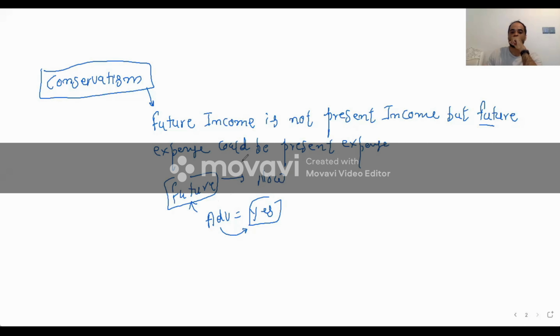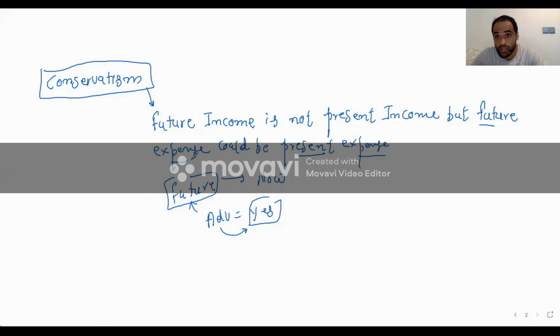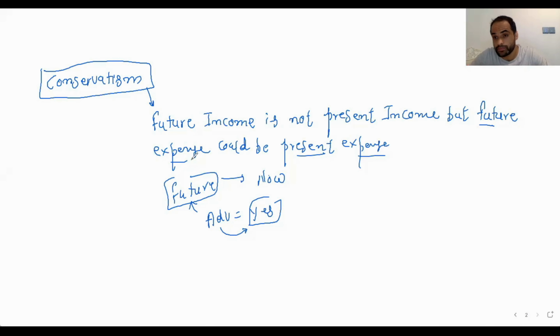That's the meaning of future expense could be present expense. But future income cannot be present income. Any kind of income you haven't earned, can you record it as income? No. You cannot record as income what you haven't earned.